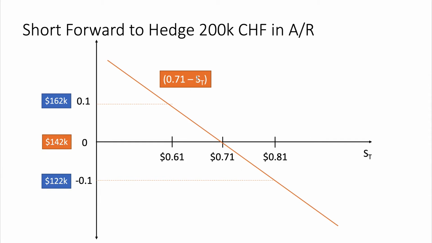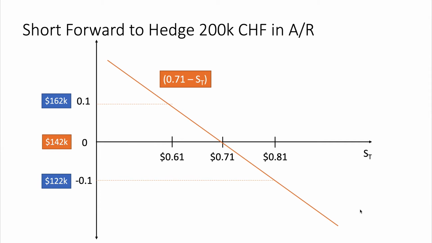The short position payoff is the exercise price, X, here 0.71, minus ST. If ST is higher than that number, you still have to sell at 0.71, which implies a loss. If ST is below that number, it's to your advantage to exercise this forward at the higher price, 0.71. Here's your gain. So here is the net position possible, anything along that line. This is pretty straightforward.